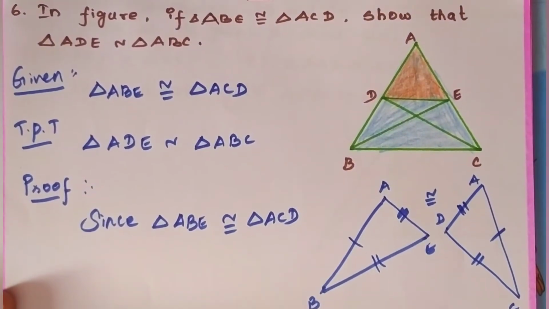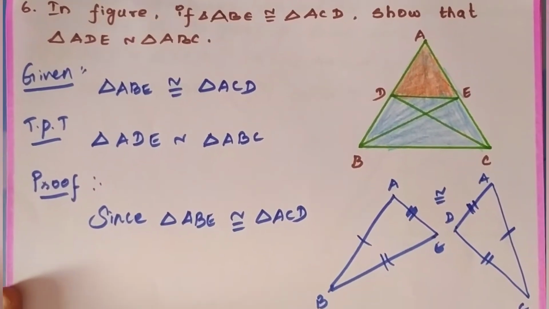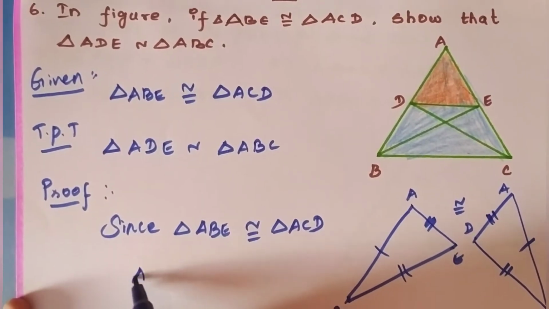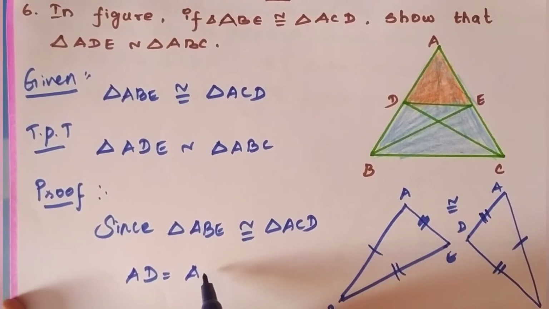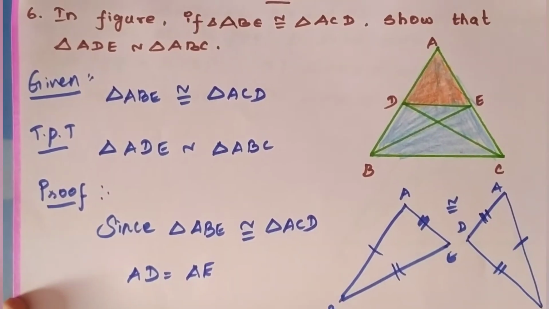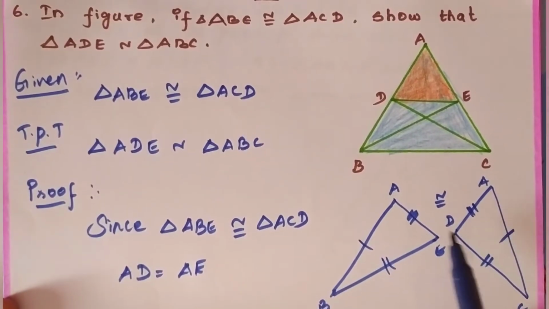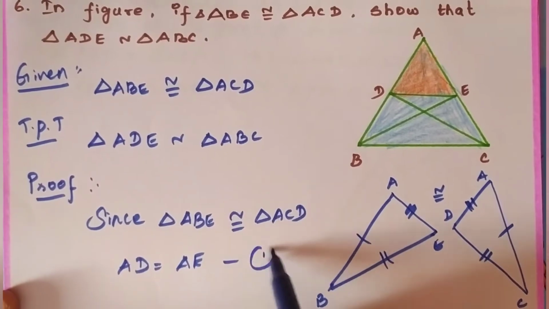So I am going to take a side AD is equal to AE and mark this as 1.